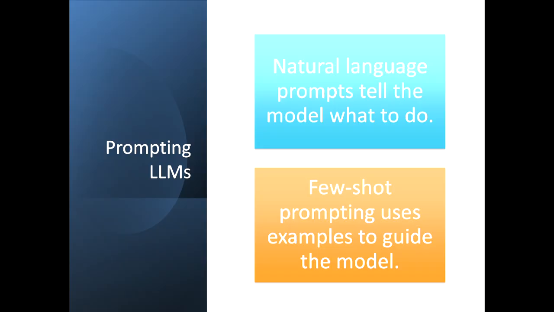You can even show a few examples in your prompt, that is called few shot prompting. And if you don't give examples, that's zero shot prompting. The model still tries to guess what to do based on the instructions alone.